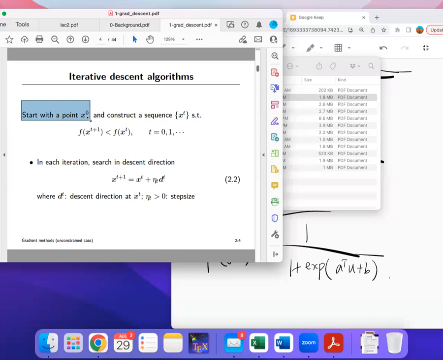If you give me any initialization point x0, it is desired that the algorithm can construct a sequence of variables xt, so that in every iteration t, we are achieving a lower function value. So we're going down. The function value is going down over this sequence of variables. Because remember, the goal is to minimize the function over x. So at least this is a reasonable approach. We start from some point and then go down.